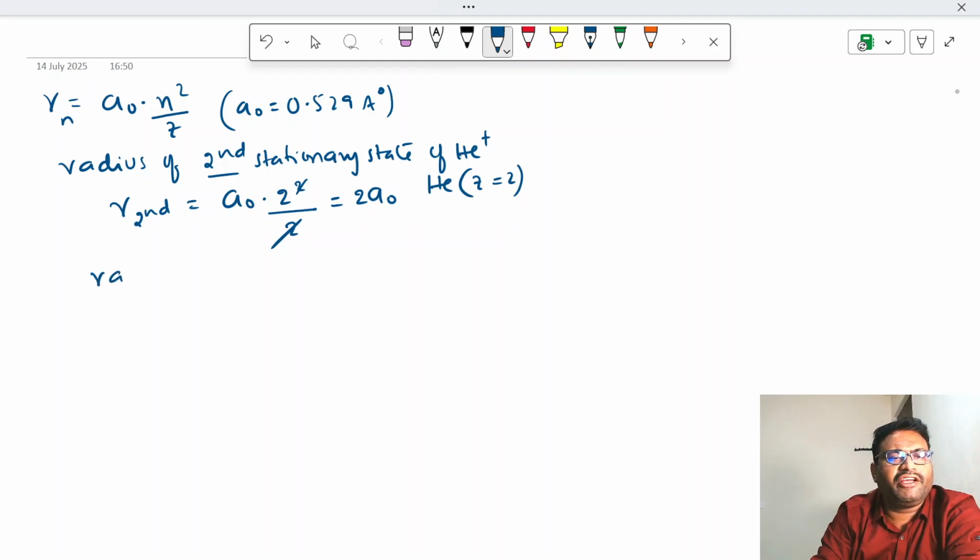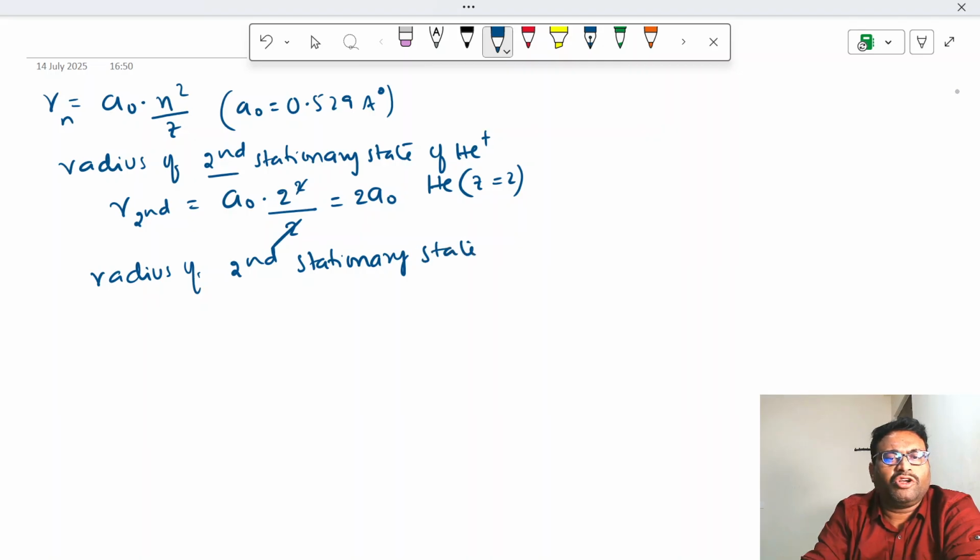In the same way, if you are asked the radius of the second stationary state of Li plus 2, what is the atomic number of Li? Z is equal to 3.